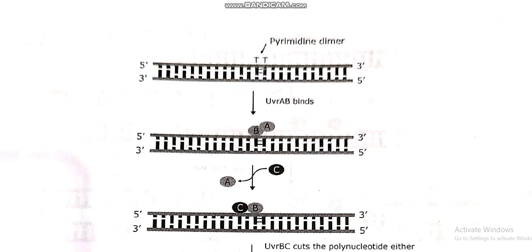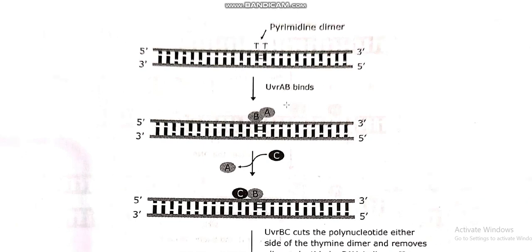In this, there are catalytic proteins, UvrA, UvrB, and UvrC. UvrA and B first recognize the type of DNA damage site, and UvrA and B bind to the DNA damage site.